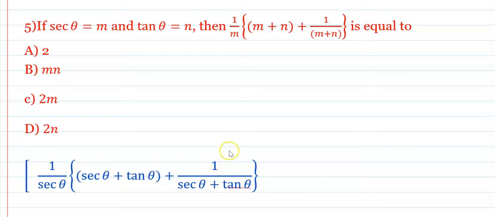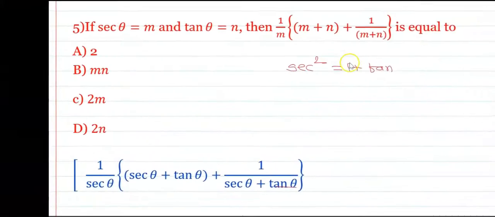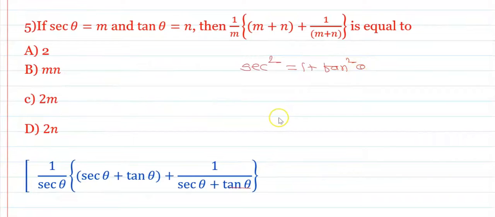Now if we want to evaluate this, what is that? We know the identity. What is that identity? sec square theta is equal to 1 plus tan square theta. Now again this can be written as sec square theta minus tan square theta is equal to 1.